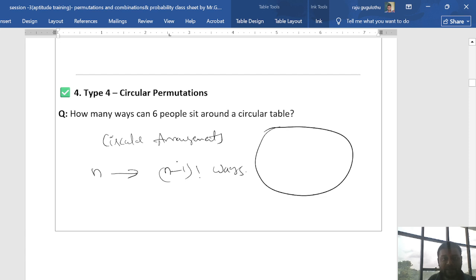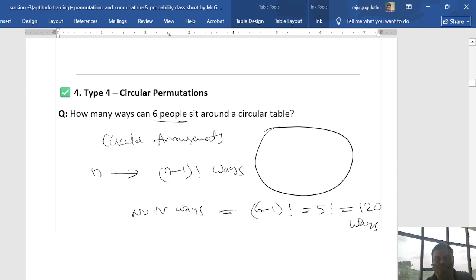So there are 6 people who want to sit around the circular table, then the number of ways will be 6 minus 1 factorial, that is 5 factorial, that is 120 ways.